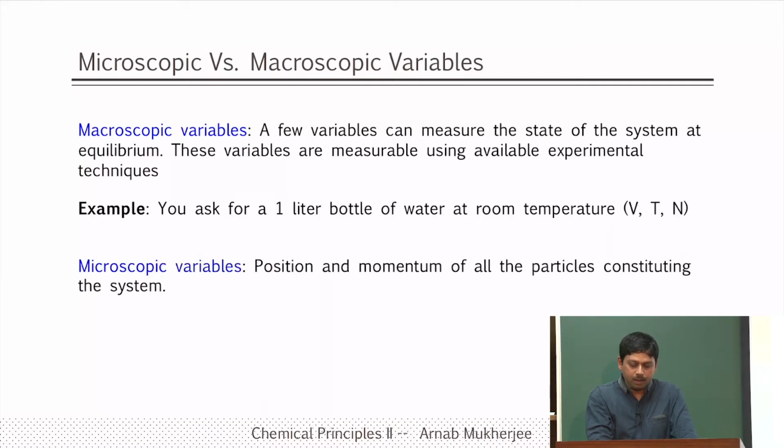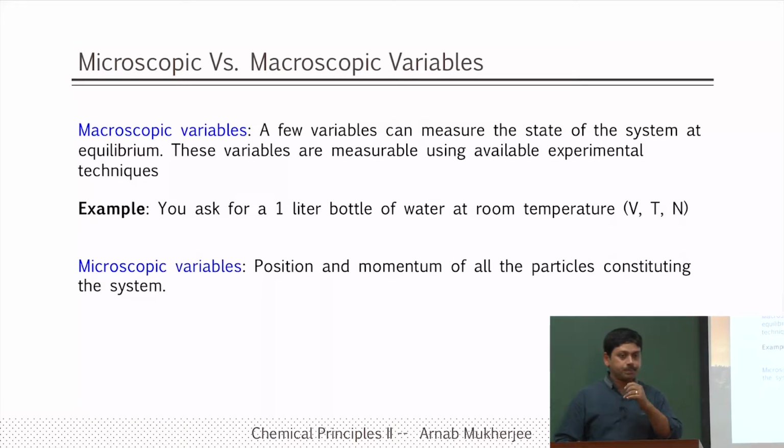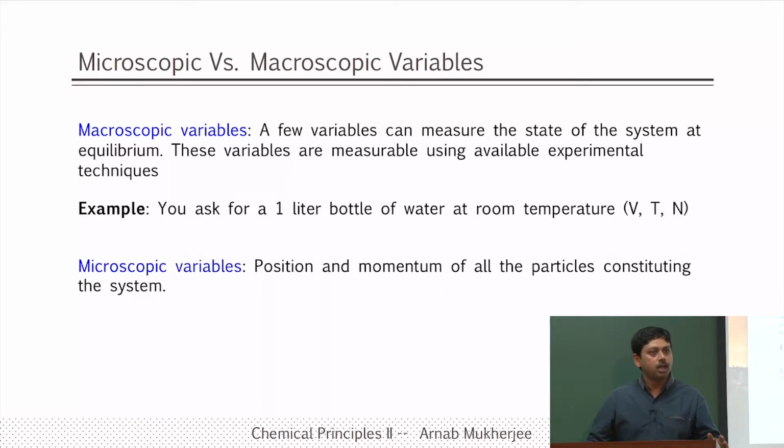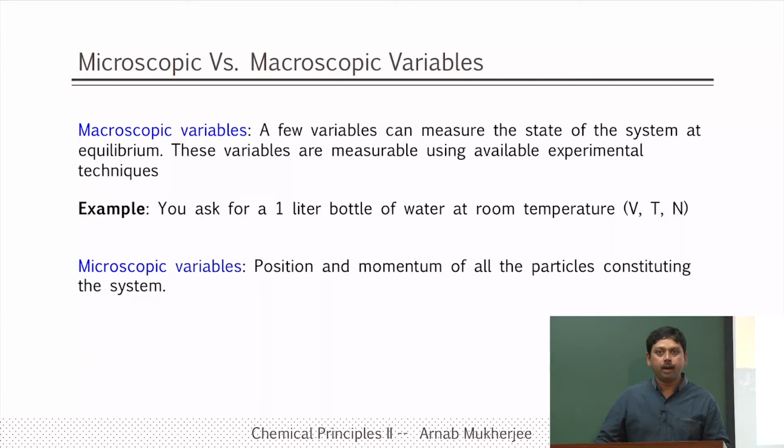Microscopic variables are basically the positions and momenta of all particles constituting the system. When I talk about a bottle of water at room temperature, if I wanted a microscopic description of the same, then I would have to specify the positions and momenta of all the atoms of that particular bottle of water, and in fact they will be all the time changing.